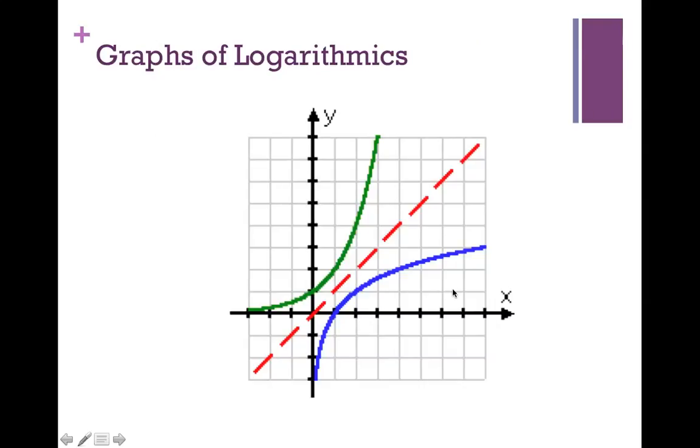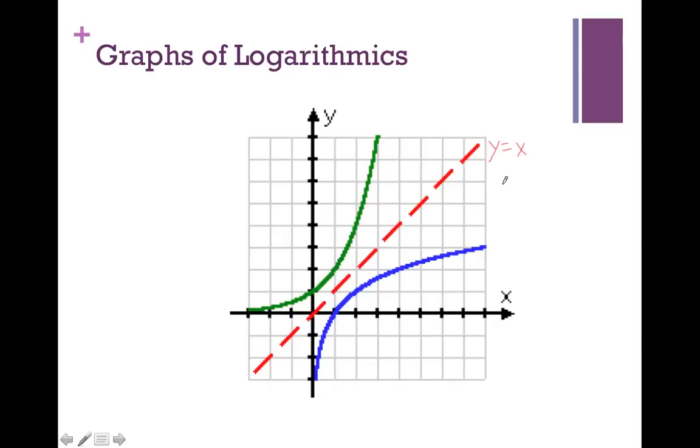Okay, so here are two graphs. One is in green, the other is in blue. The red dotted line in between them is the line y equals x.